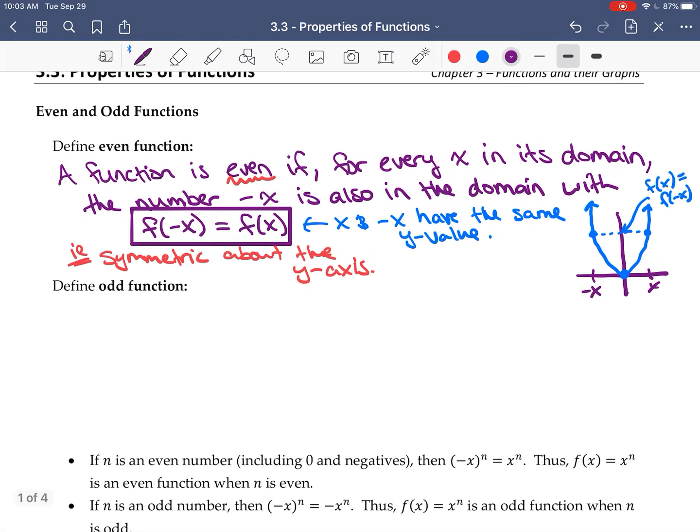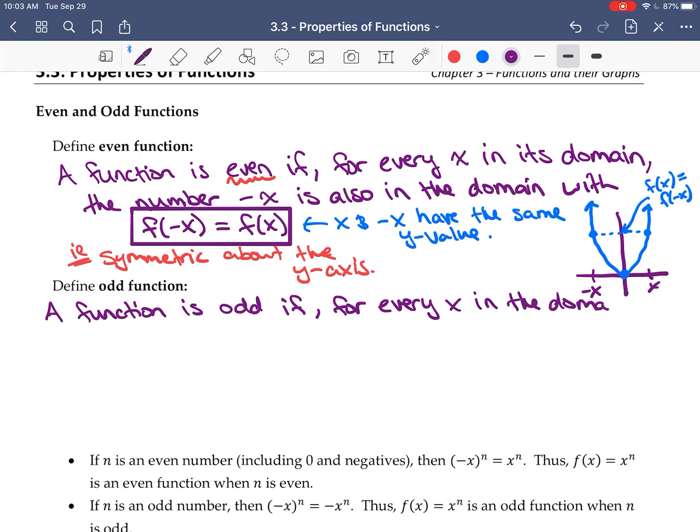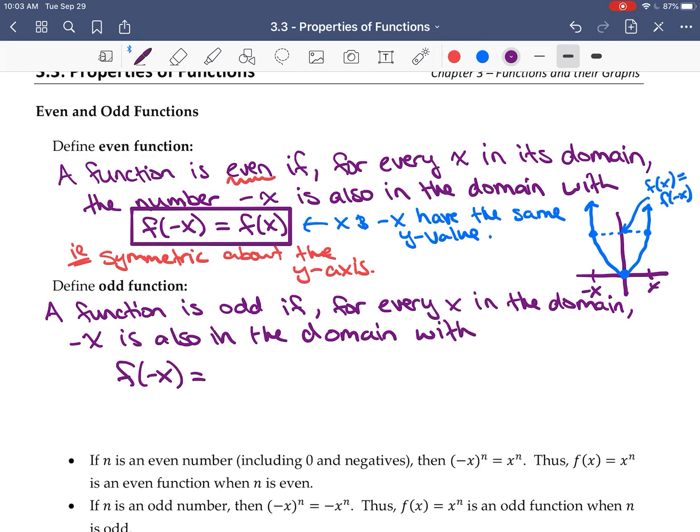Now a function is odd if for every x in the domain, negative x is also in the domain, with f of negative x equal to minus f of x.